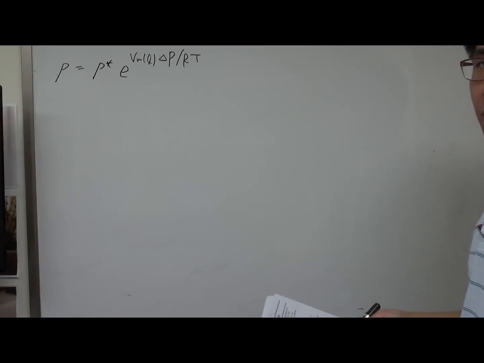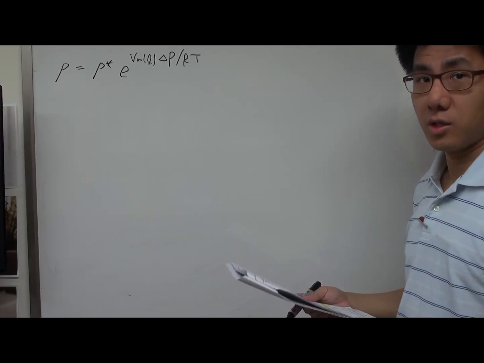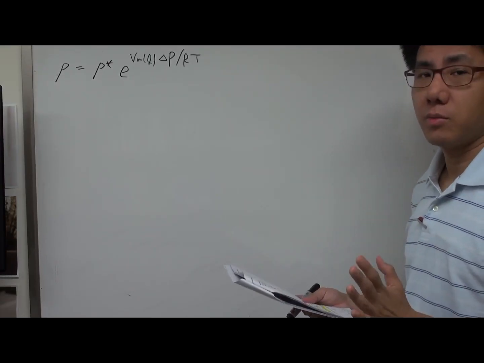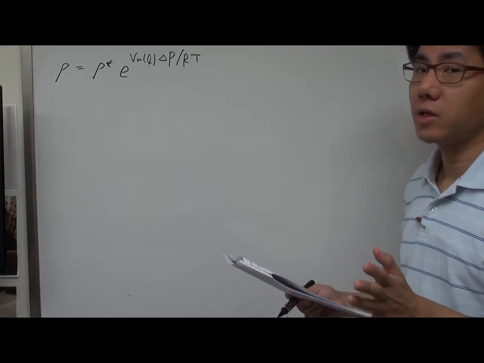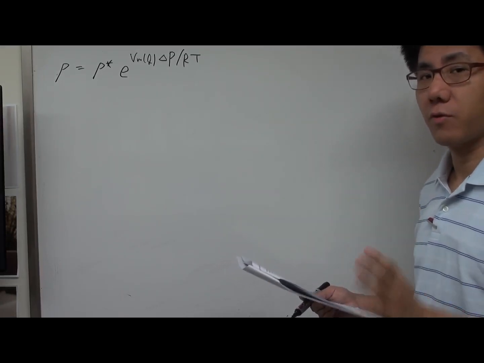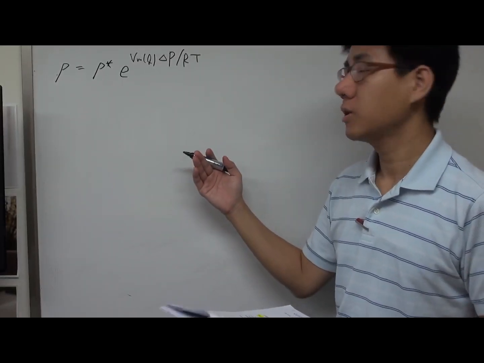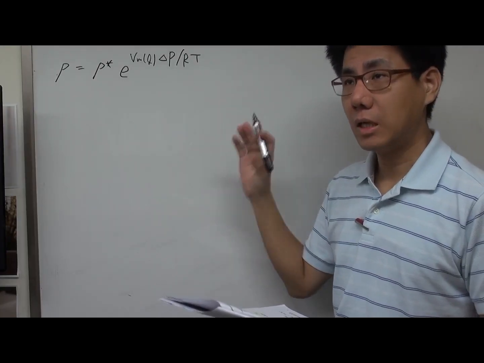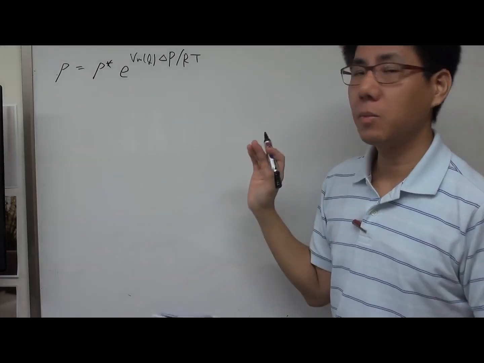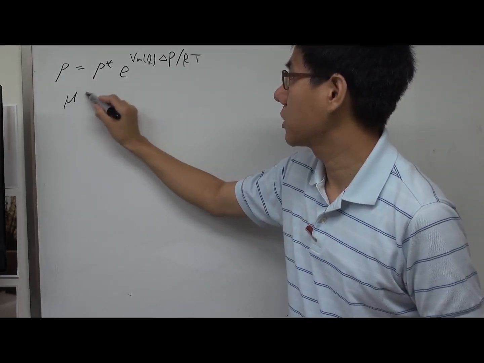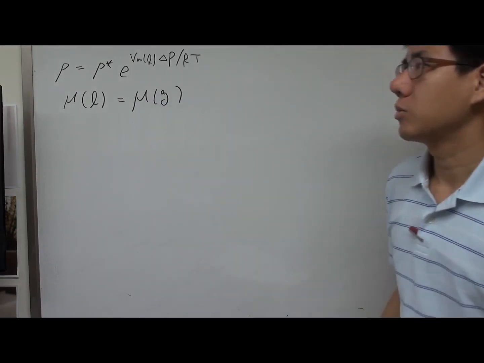The derivation is simple. We'll only use one simple statement, which is that at equilibrium, the chemical potentials of different phases are the same. So at equilibrium, for liquid and gas, the chemical potential of liquid and the chemical potential of gas will be the same, right?